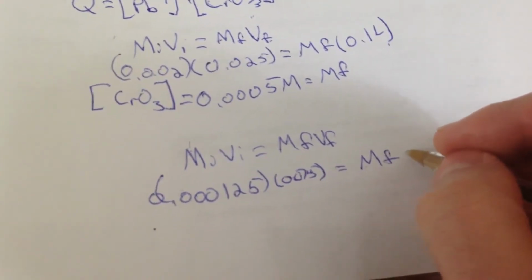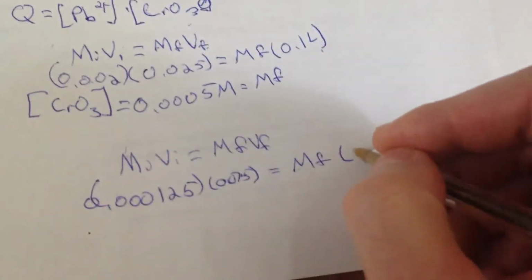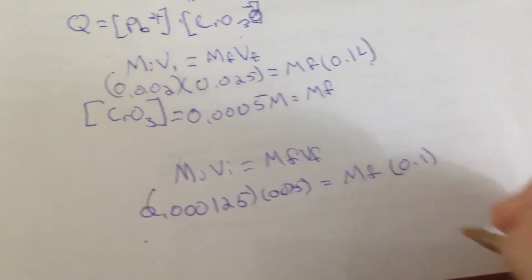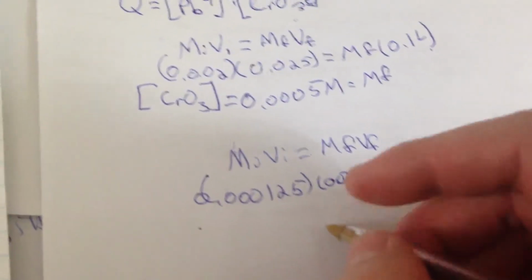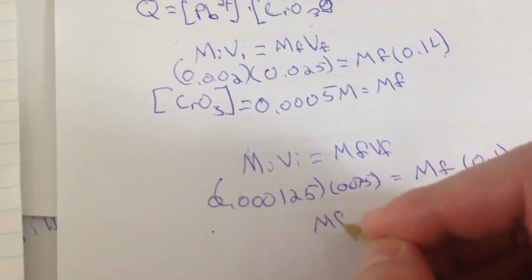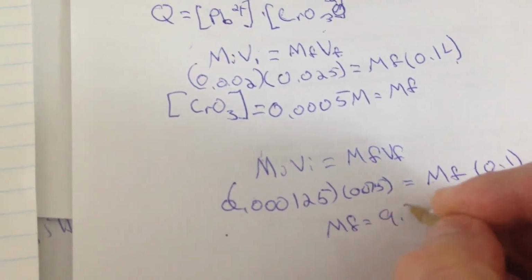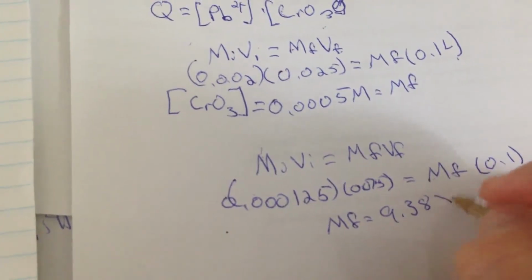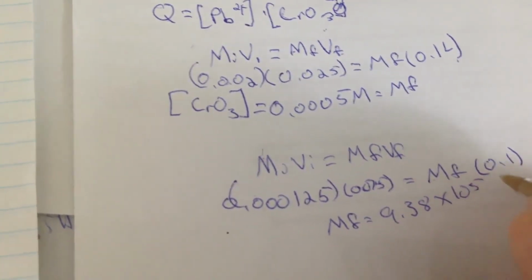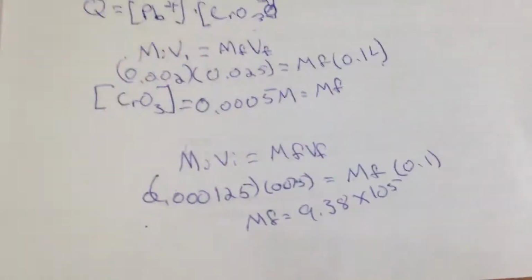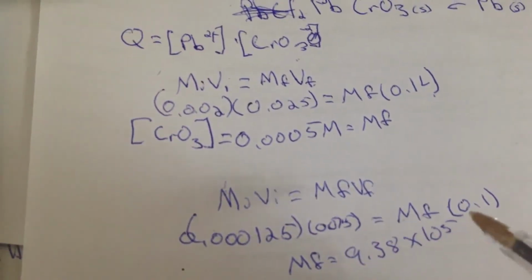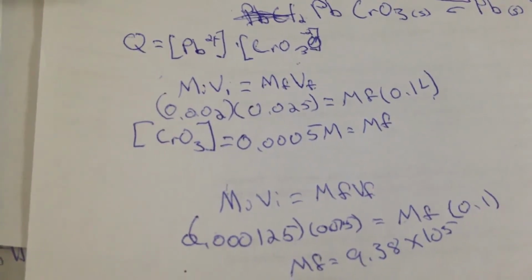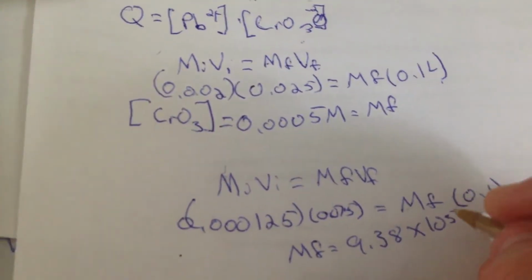My final volume, remember, was 100 milliliters. If I solve this all out, there's my concentration of lead. All I did is multiply these two and divide by this to get Mf by itself, and that should be 10 to the negative 5.